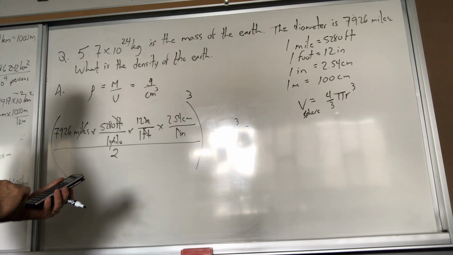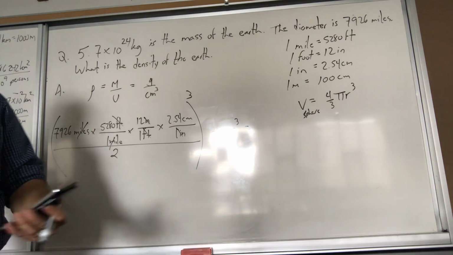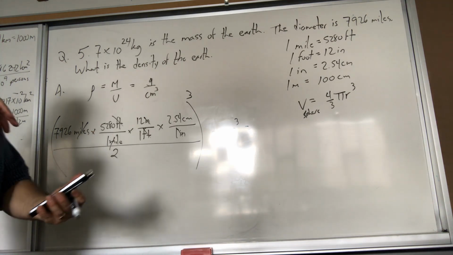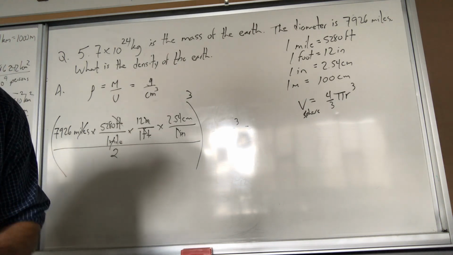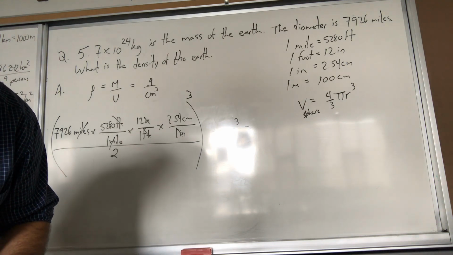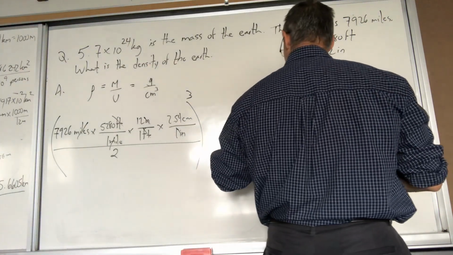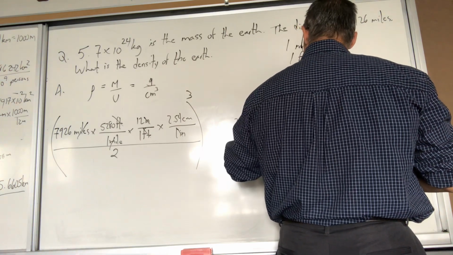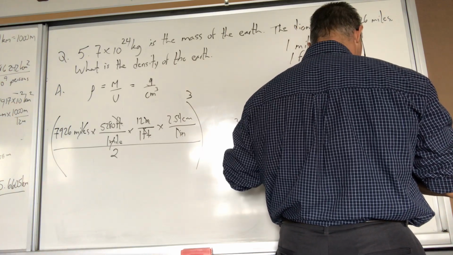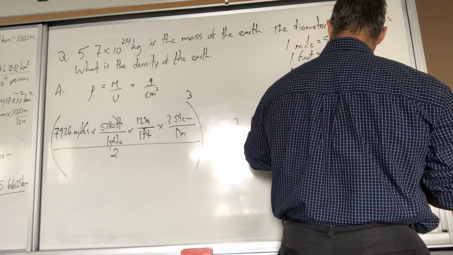That's the radius of the Earth in centimeters, and then we'll raise it to the power of 3. Raise it to the power of 3, and we get the following number. 2.594292 times 10 to the power of 26 centimeters cubed.